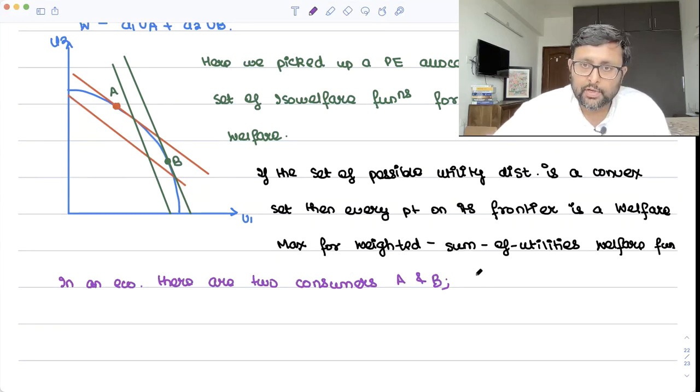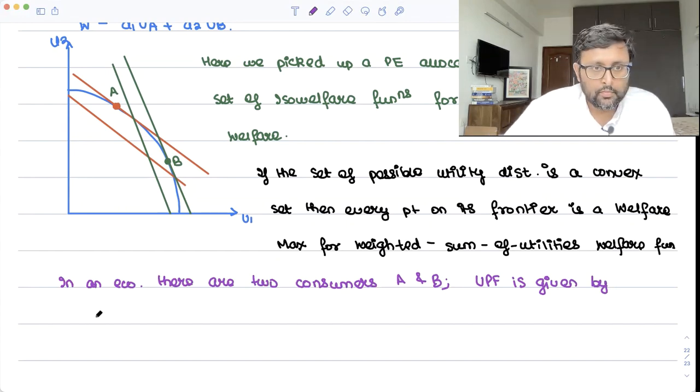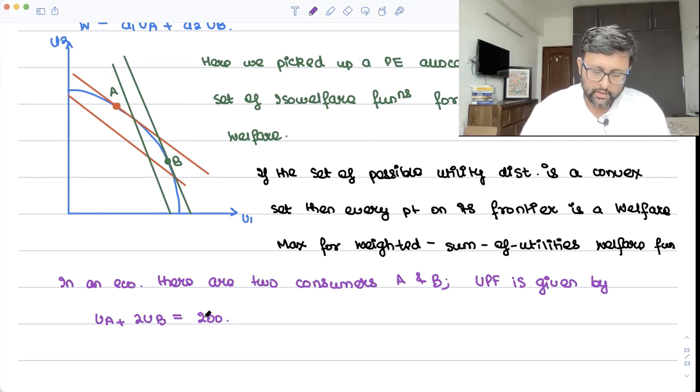And the utility possibility frontier is given by UA plus 2UB is equal to 200, right?